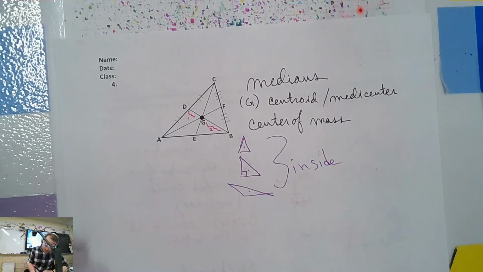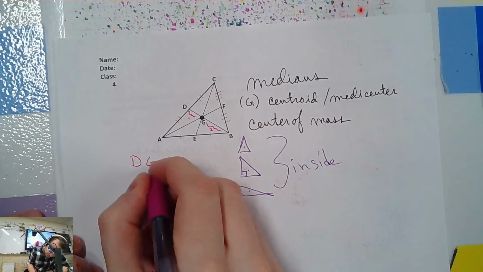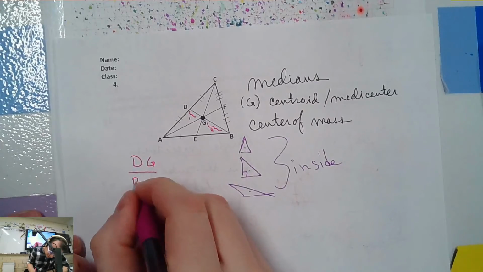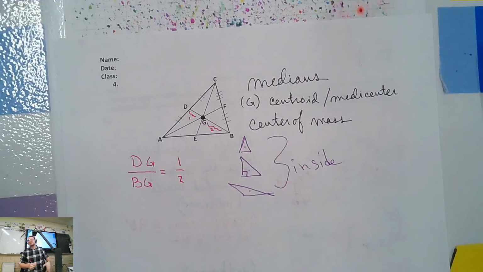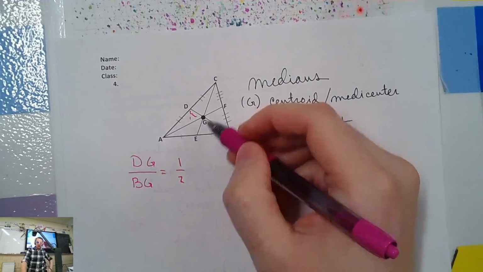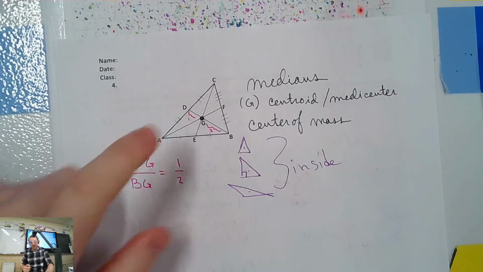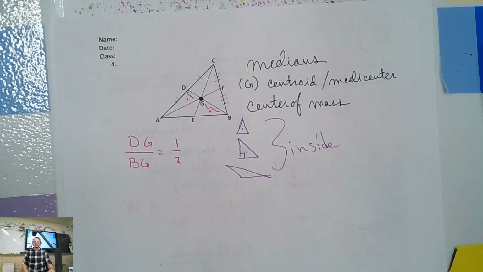So in other words, DG over BG relates by half. And it's true for all of the medians. They're divided up into half and double, right? 1-to-2 ratio. We proved that last week. We'll prove it again next week. For now, I just need you to know it.